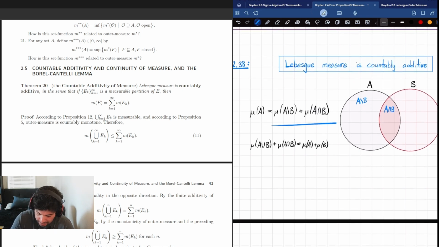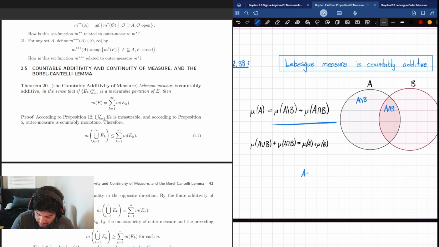Right. So A is the union of A set difference B and A intersect B, and those two sets are disjoint. And from these two, it follows that you get the equality of the sum.